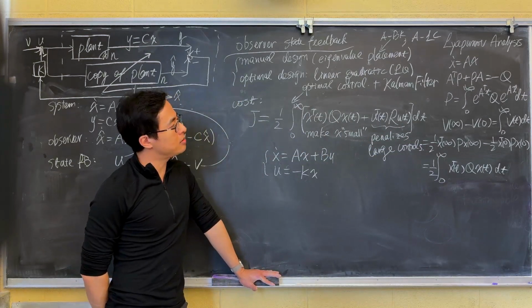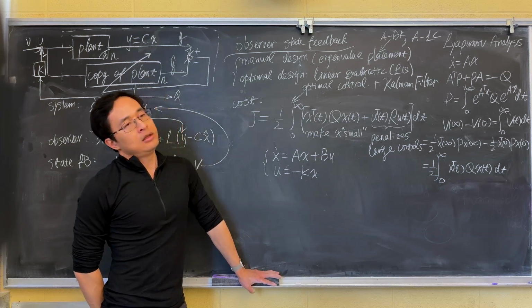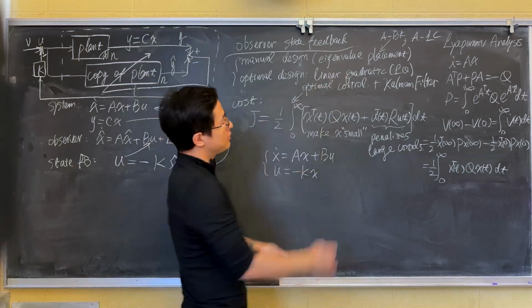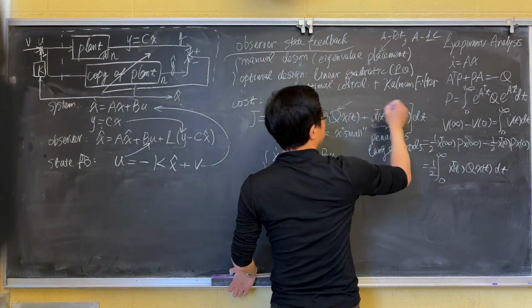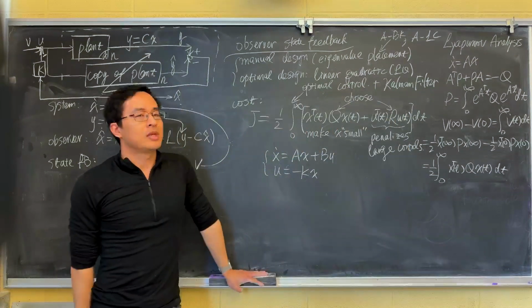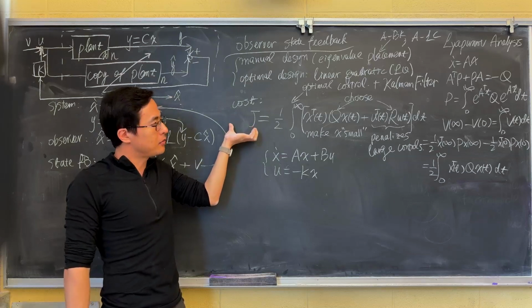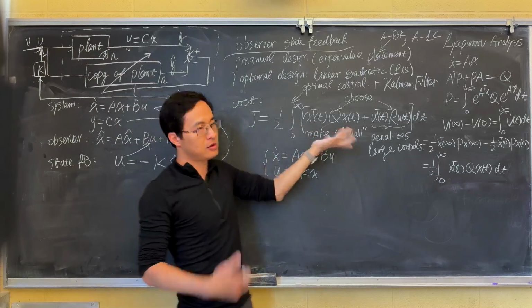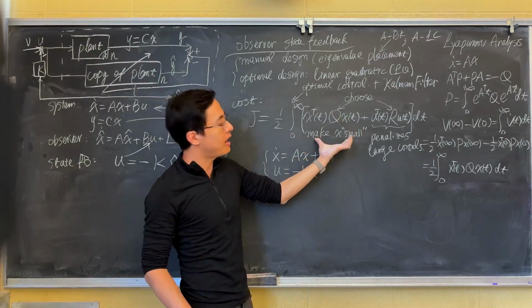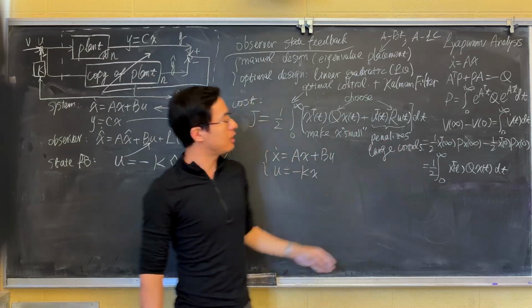In LQ optimal design, you don't choose the eigenvalues, but you choose Q and R. So in other words, you choose your objective, you choose your cost function in a way that reflects your design of keeping x small while not using a lot of control effort.